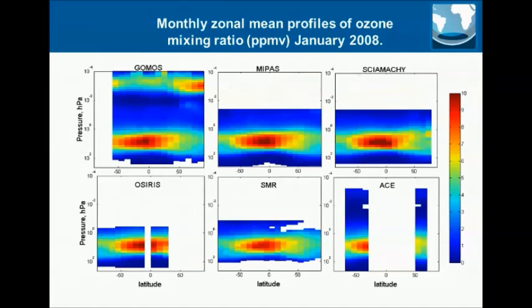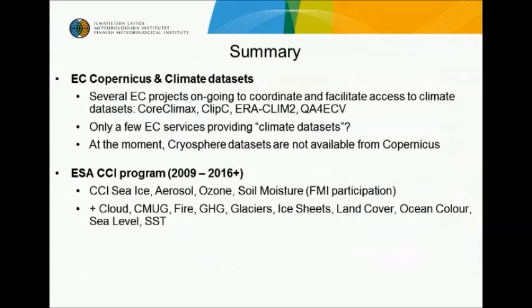Okay, brief summary. I think I'm pretty much on schedule. Concerning ESA, Copernicus, and climate datasets, I did not find too many actual datasets that are provided by ESA. I know there are some, for example, from GeoLand 2, and that's an open question, and I guess perhaps this project will also list the different datasets that are available.